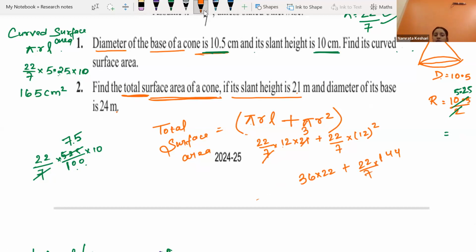Okay, so you need to convert it into decimal. Still, I'm saying, let's take 22 out as common. Okay, it will be better. 36, we are having 22 gone out. Here 22 will not be there, and here also, we have taken 22 out as a common factor. Here we are having 144 by 7.